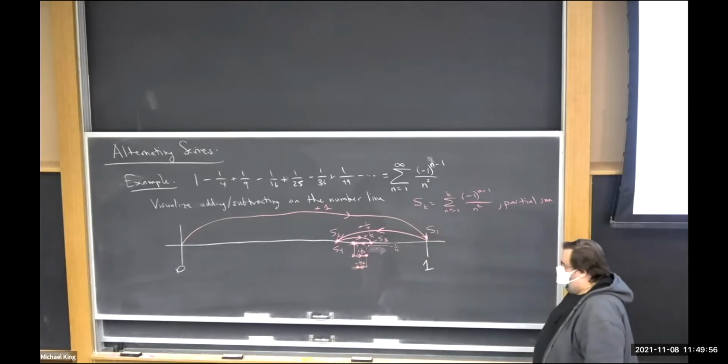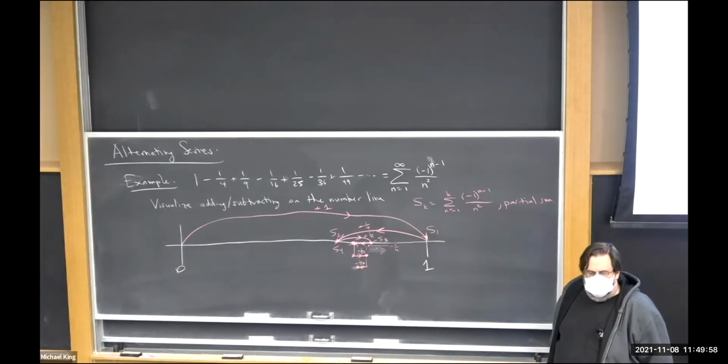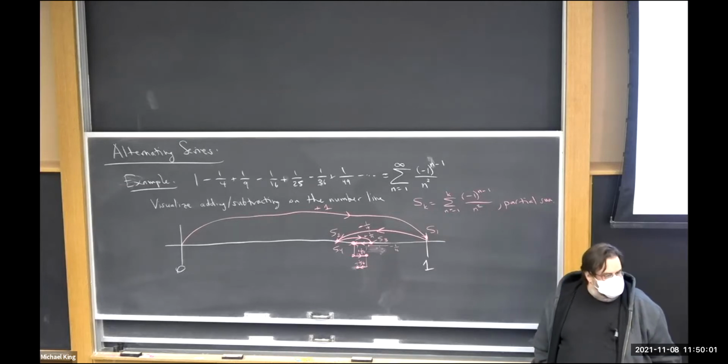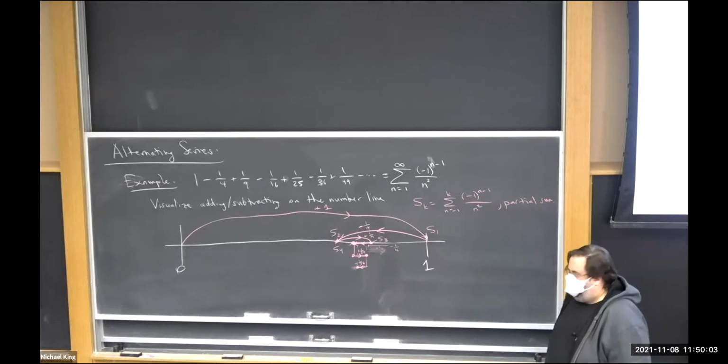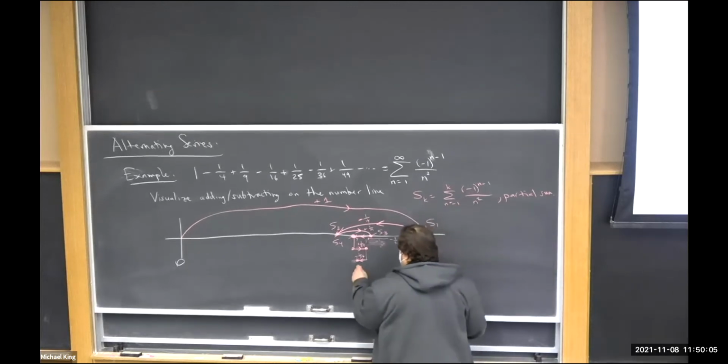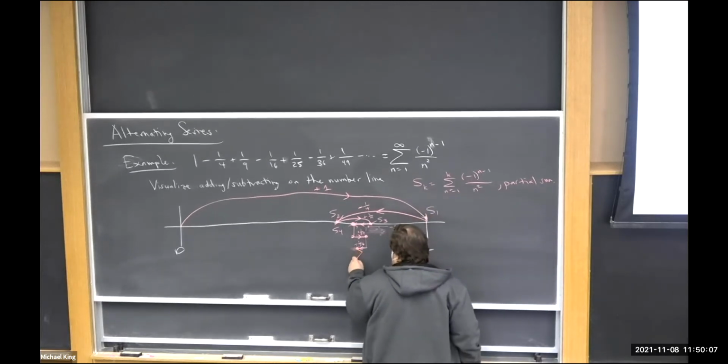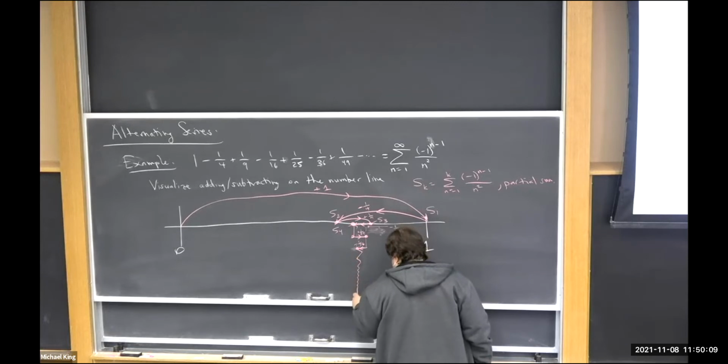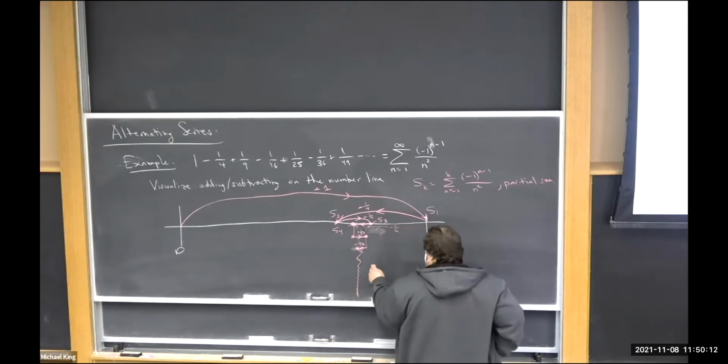And are you starting to believe this is going to converge? It's like trapped in a gravity well or something like that, right? It's going back and forth, bouncing back and forth. But in fact, maybe I should just do it like this. Sort of, it's a gravity well, and you are trapped.